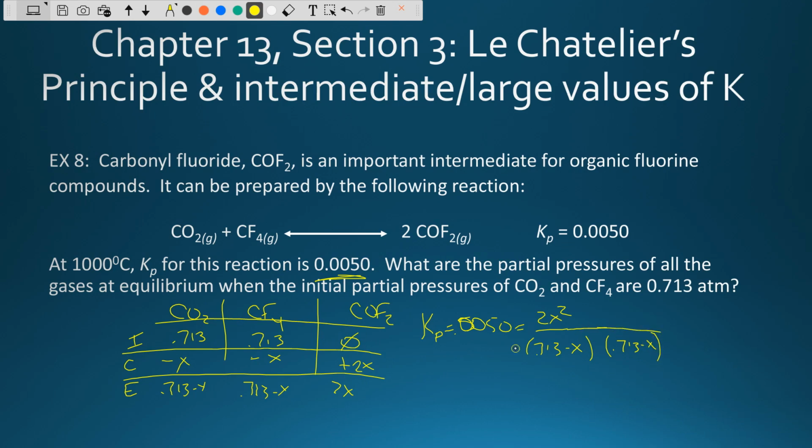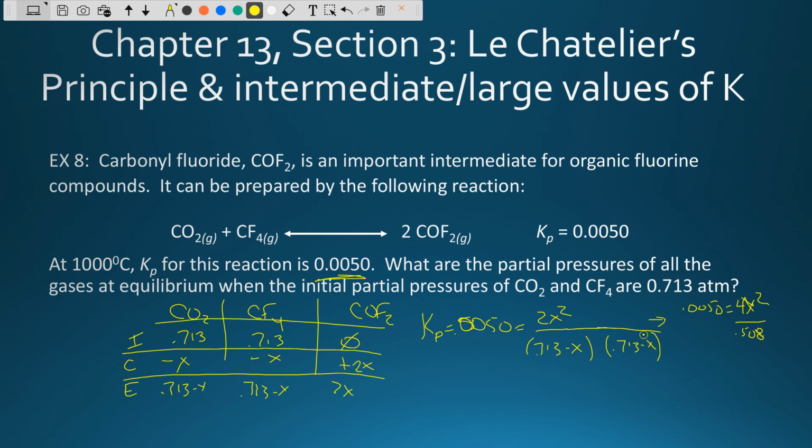Now, in the past, I showed you we could take the square root and do it that way. But I want to show you something else in this case. The question is, can I just ignore the x's along the way? Let's do it first and see what we end up with. That's why I'll show you the Le Chatelier's principle that goes into this as well. If I derive this out, I end up with 0.0050 equals 4x squared over 0.508.